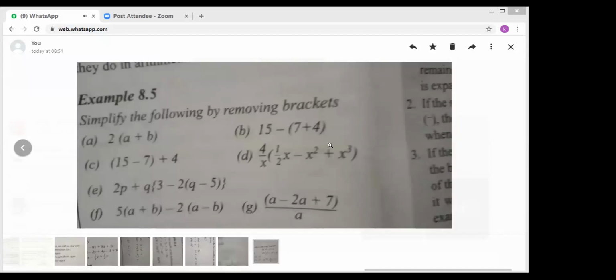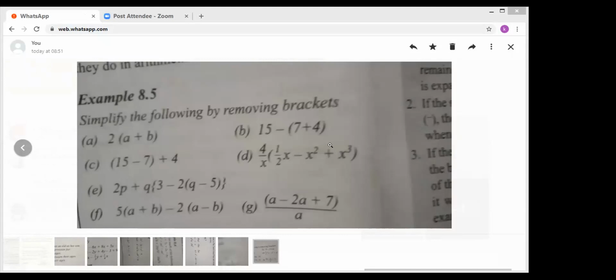You open the bracket: 4 over x multiplied by a half x, minus 4 over x multiplied by x squared, plus 4 over x multiplied by x cubed.